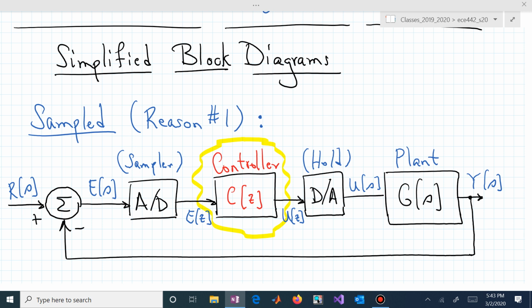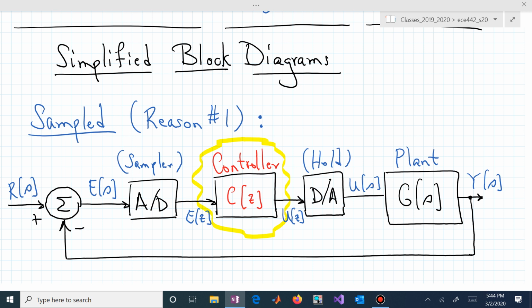That's the same. We now have, if G of S is a motor, we can't control that motor with a sequence of numbers. We have to inject into that motor a continuous waveform. U of S has to stay as a U of S. The output of that system is still an analog signal, but now we are comparing that with an analog reference input.